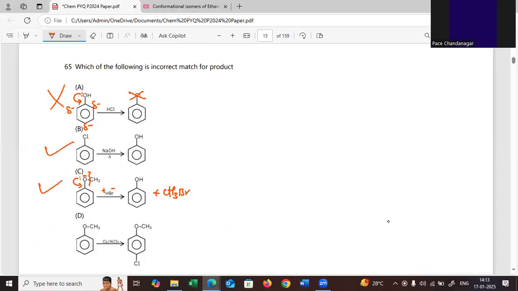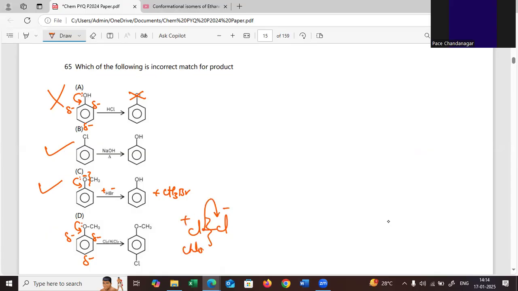This is right, this is right. And here also, as you can see, this is delta negative, and delta negative. This is oxygen, you have a lone pair, so it gets dropped in. So because of the mesomeric effect, delta negatives come in. Cl2 and AlCl3. Cl2 splits up as chloronium ion, right? This is Cl minus, Cl plus.